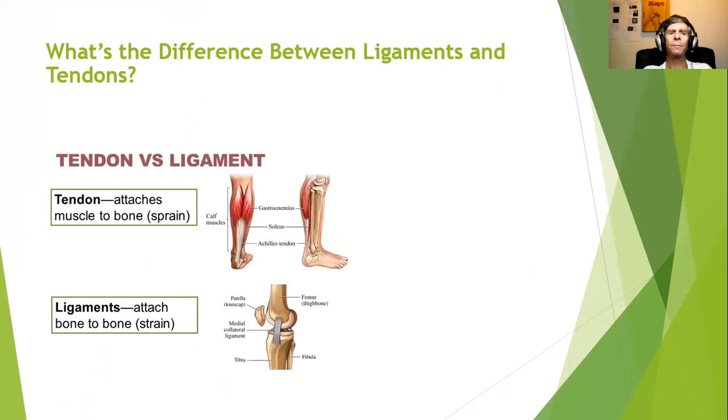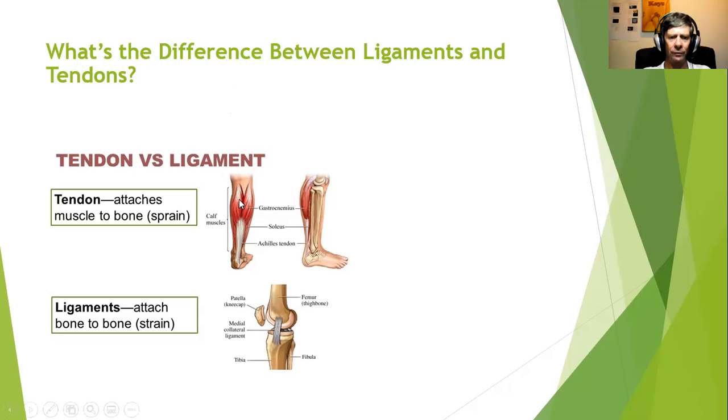Now, what's the difference between ligaments and tendons? We hear these words of muscle and ligament and tendon. And so the tendon attaches the muscle to the bone. So if you feel down your leg and you feel your calf muscle, which is a big part, it attaches to the Achilles tendon, or should I say the calf goes down into the Achilles tendon.